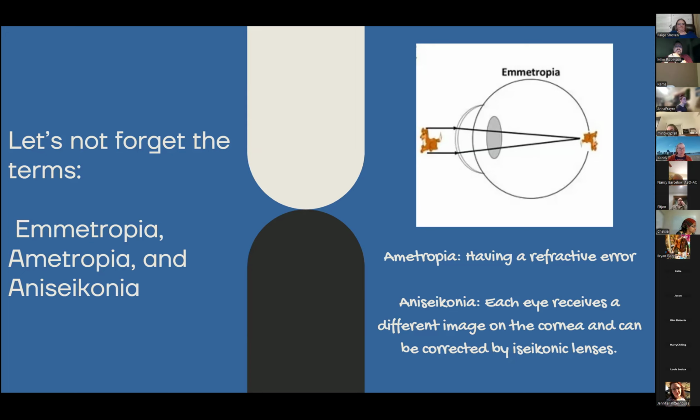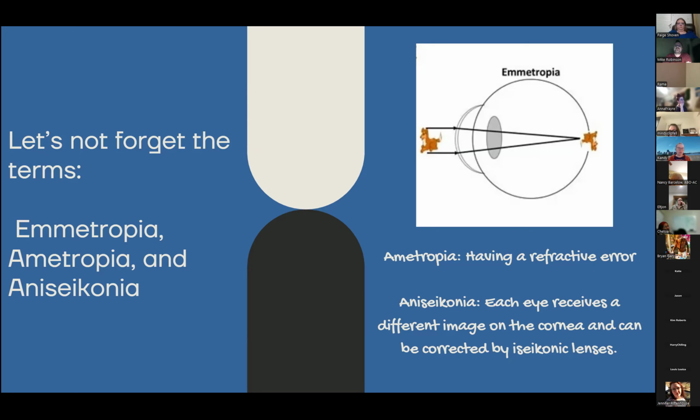Aniseikonia is an interesting thing in that when we see it, we tend to treat the most obvious cases, the ones that stand out. But there's also meridional aniseikonia, when somebody has astigmatism and you're looking at the different meridians, and this could be outside of just the primary meridians, like the sphere and the cylinder meridian.